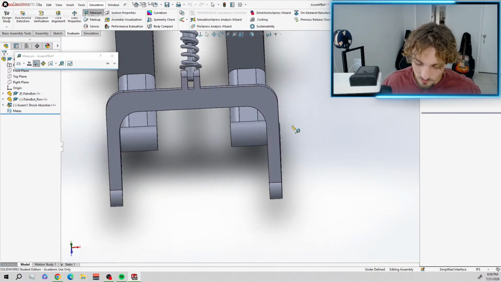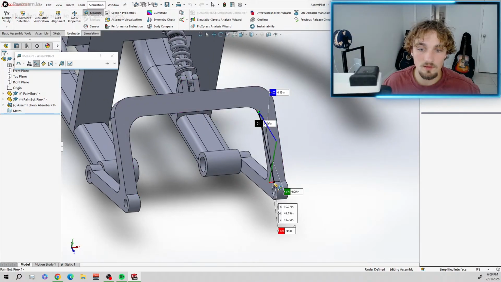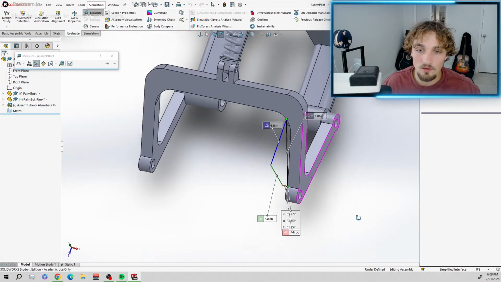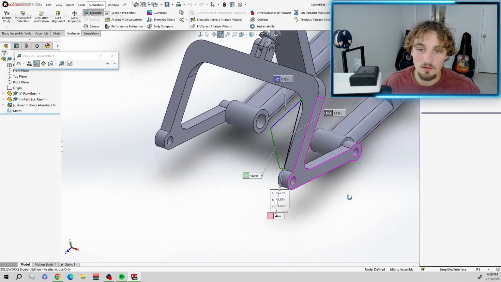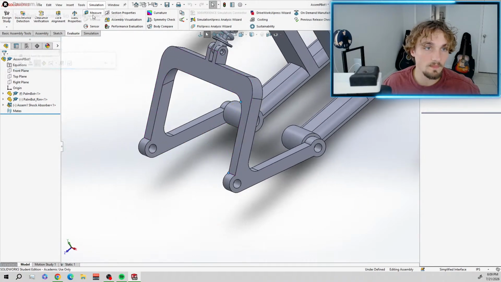So, wait, what was I trying to measure? That distance. This. And like that point. What the fuck is that? Well, that's really interesting. I don't think I want to do that anymore.